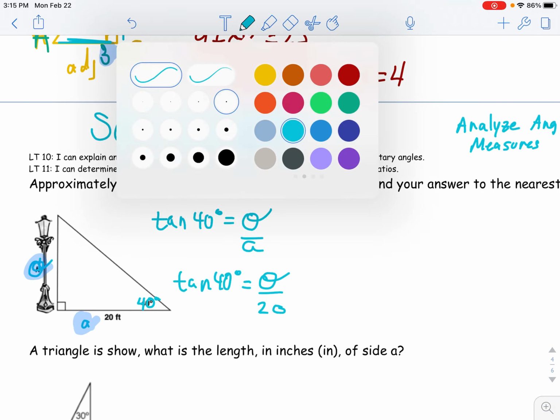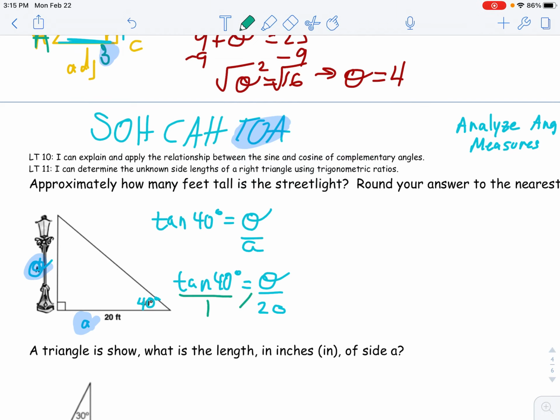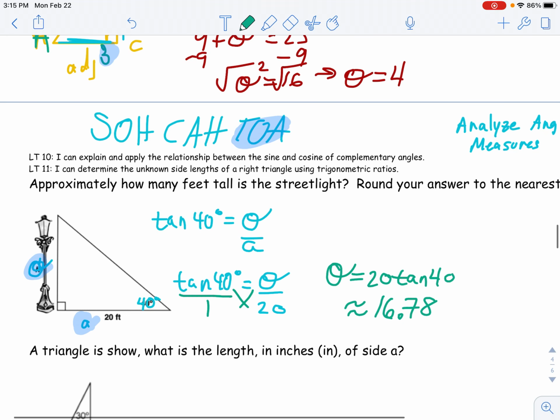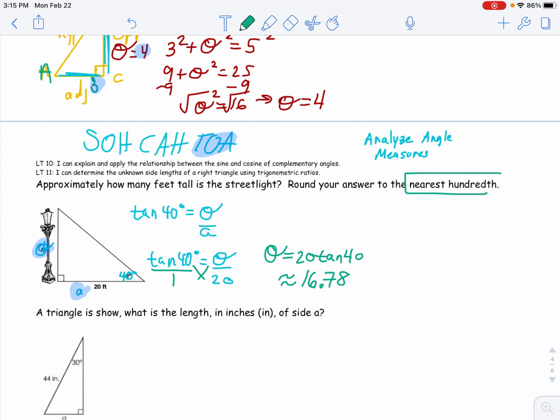And then tan 40 is just some number. So put that over 1, cross multiply. We get the opposite side equals 20 times tan 40, which is about 16.78. Again, rounding to the nearest hundredth, it's a good habit to read the directions and answer the question.